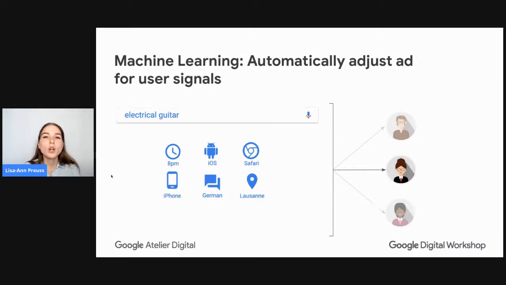So things like when someone is searching, on what operating system, what browser, which device, which language, and from where, they play an important role in determining which ad is displayed for which user. On the other hand, it gives you so many possibilities to reach out to your target audience at the right time, at the right place, with the right messaging.